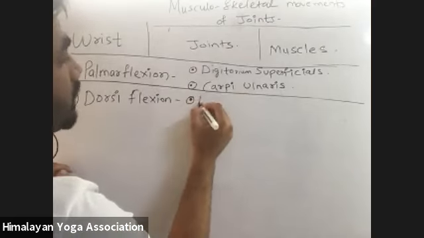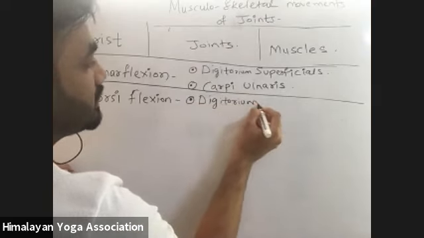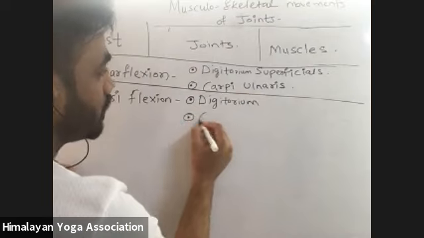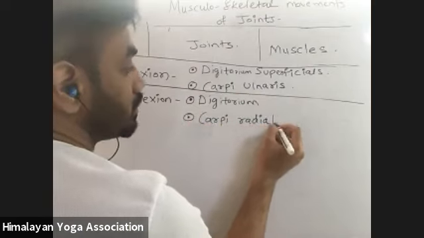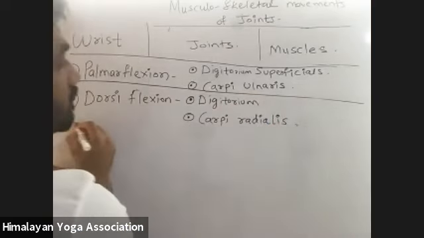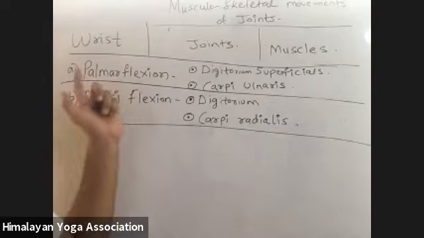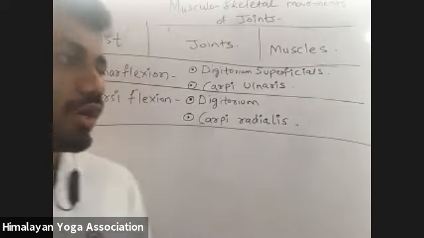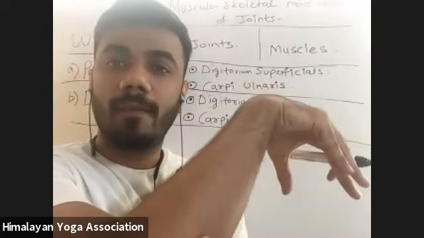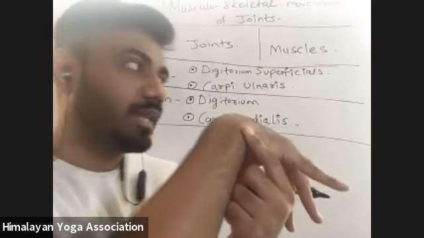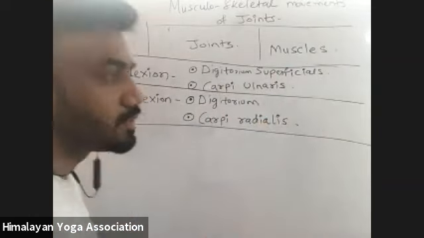Here as well, we have the digitorum muscles along with carpi radialis in the dorsiflexion movement of the wrist. In the palmar flexion movement of the wrist, carpi ulnaris to the ulna bone allows palmar flexion, and radial muscles allow dorsiflexion.